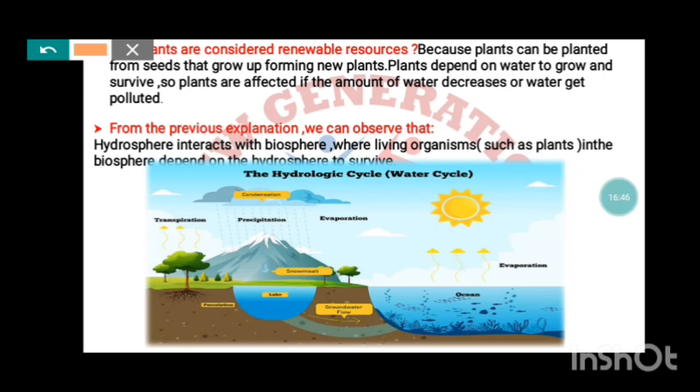Living organisms such as plants in the biosphere depend on the hydrosphere to survive. The biosphere here is plants, and the hydrosphere here is water. Okay, get it?